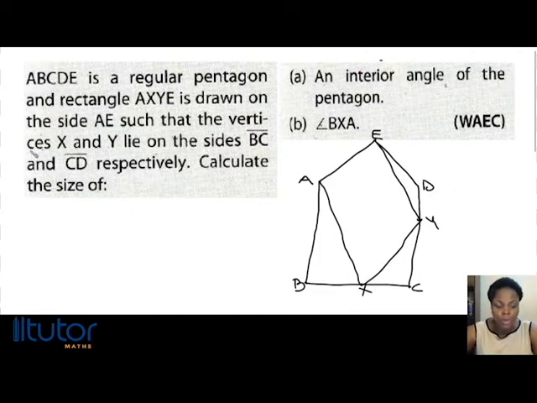Now the question says to calculate the size of an interior angle of the pentagon. We are told that ABCDE is a regular pentagon. A regular polygon has all its sides equal, so it is expected that AE is equal to ED as well as DC and BC, and the whole sides are expected to be equal.